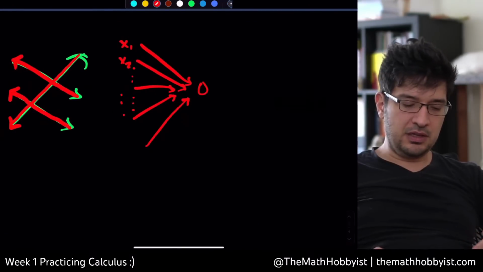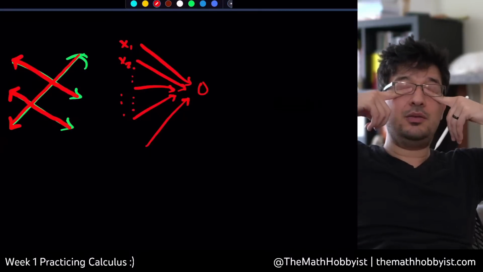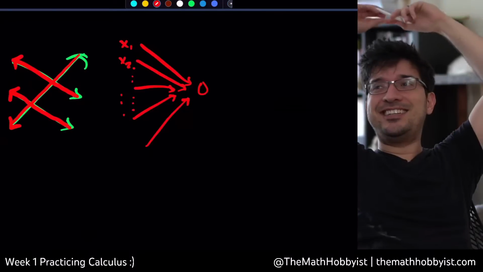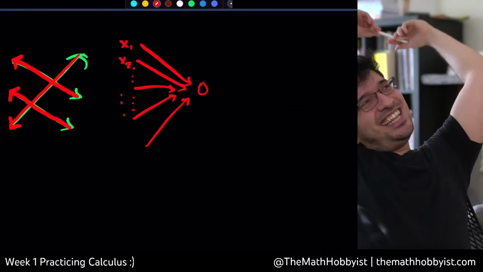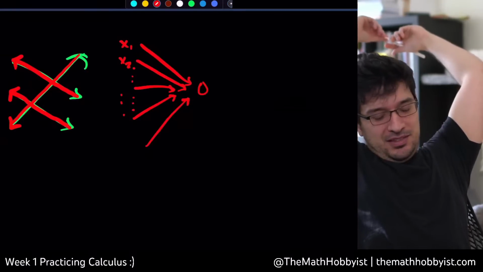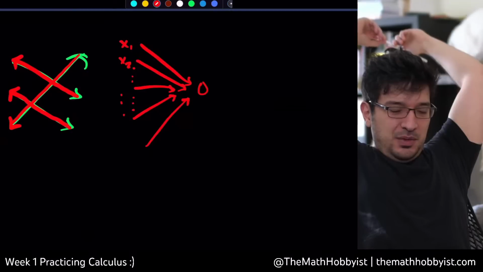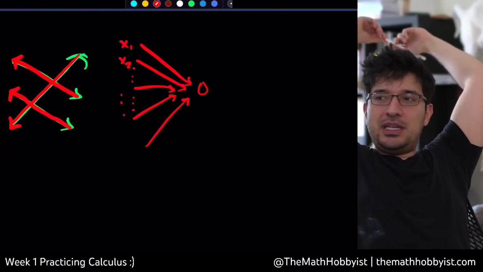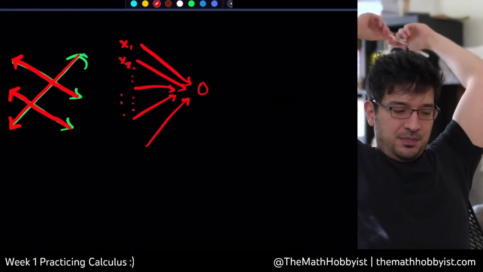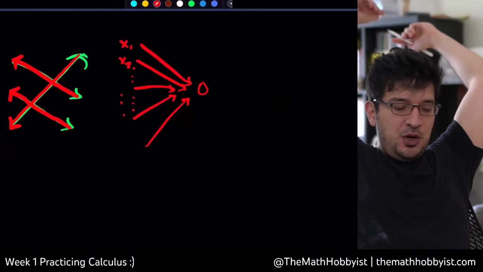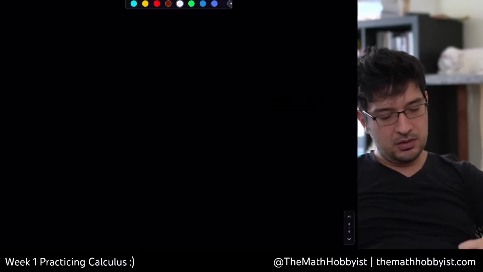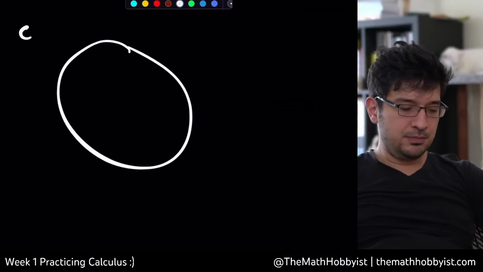Okay, what's a less degenerate example of a function where multiple inputs point to the same output? What's a less annoying example? The one I like to show kids is a clock.